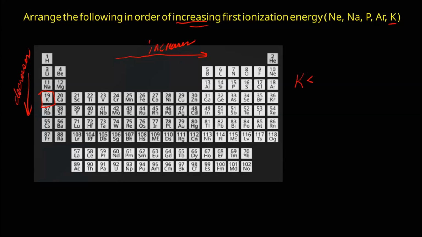Okay, let's find another one that's on the left side. There's sodium. So it can be less than sodium. Now, on this next one here, we have phosphorus, argon, and neon. So phosphorus is the furthest to the left. Argon is further down. So neon will be the highest ionization energy.